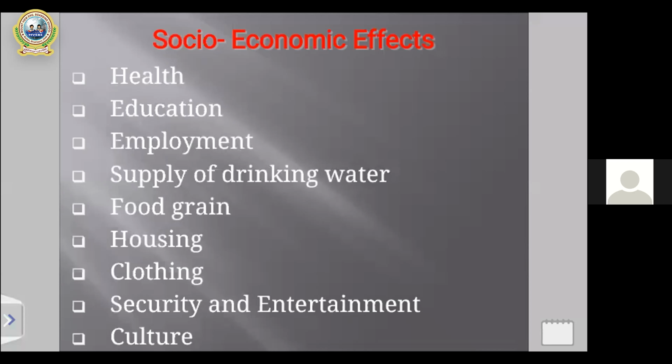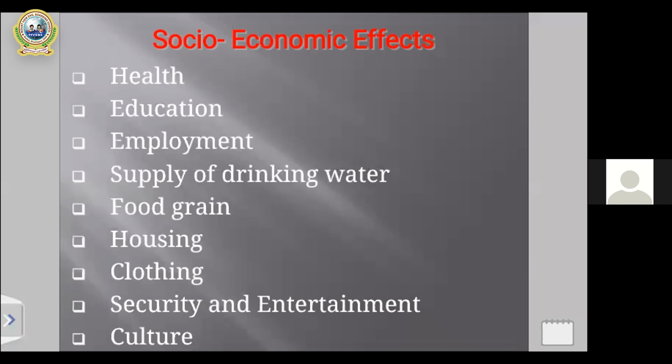My dear students, I am going to list some major socio-economic effects of rapid population growth rate. You can see on the slide, and you can write down in your copy. The different socio-economic effects of rapid population growth are: the first one, health; second, education; third, employment.